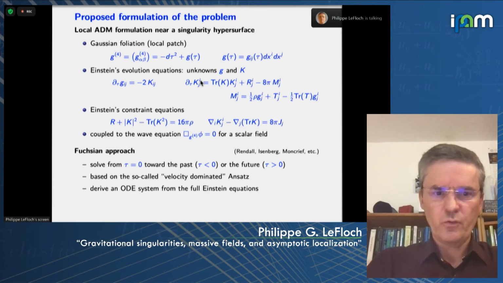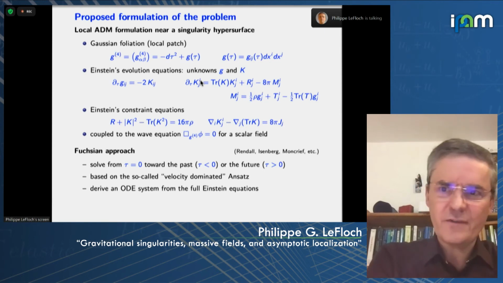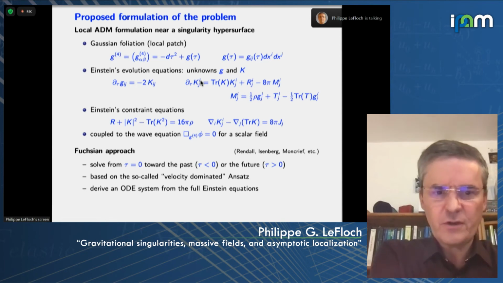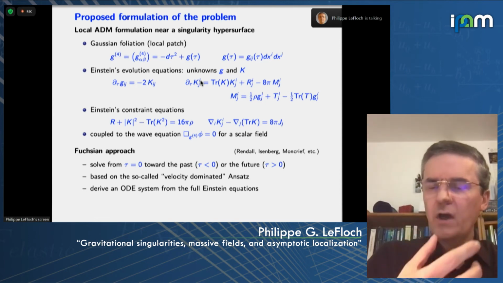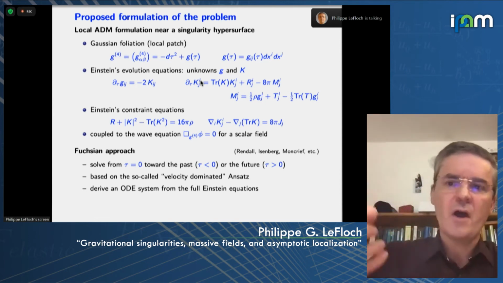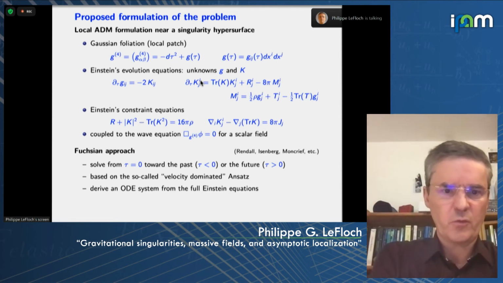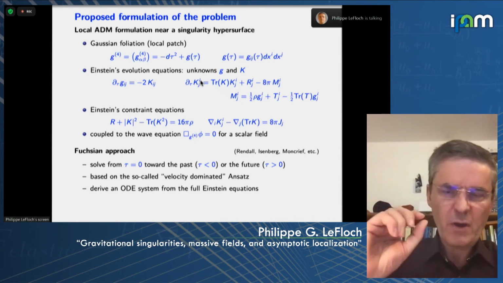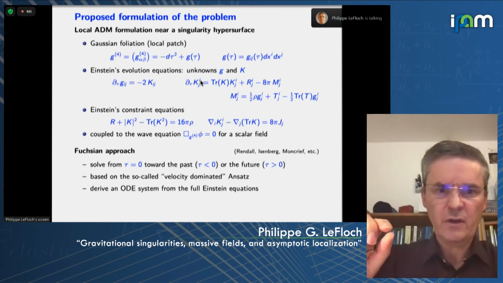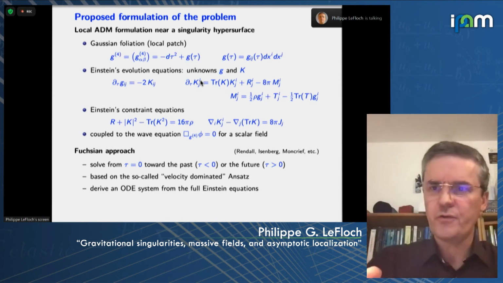So you replace, but it's not quite true, but essentially you replace the Einstein equation asymptotically by a system of ODEs that give you a first term in your ansatz if you want to produce some asymptotic behavior. It's also called velocity-dominated ansatz. So you may want to put data on the singularity and solve toward the past or toward the future.